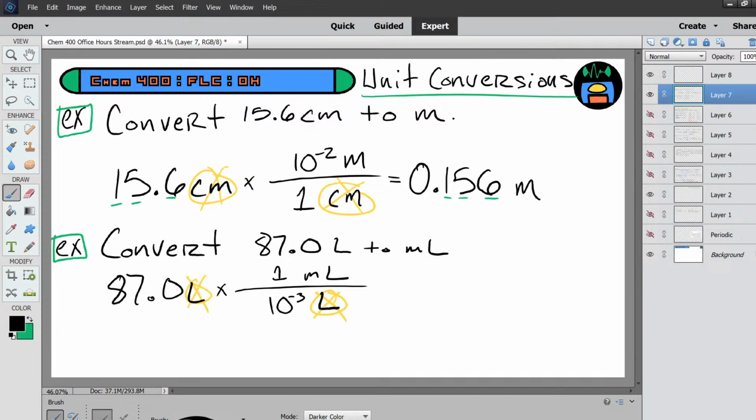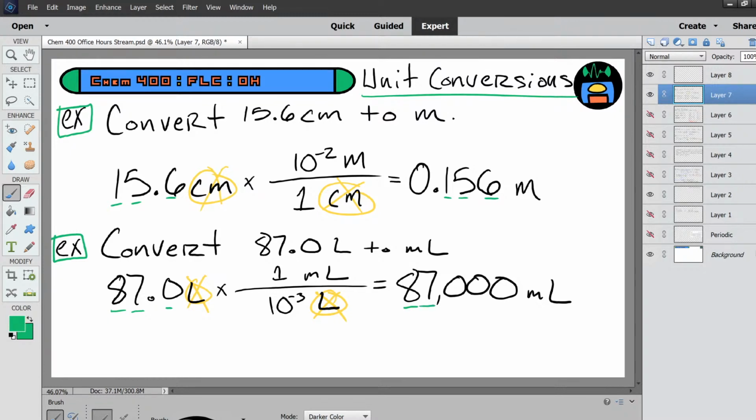And when I multiply this through, when I punch it into my calculator, it's telling me my answer is 87,000 milliliters. All right, now we have to ask ourselves, how many sig figs should we have? 87.0 has 3 significant figures, whereas our answer only has 2.